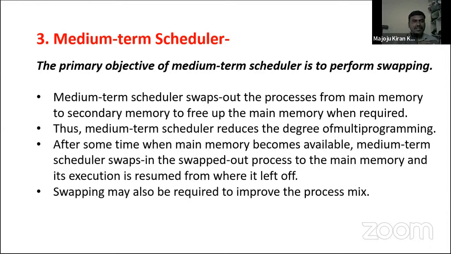Once one process is completed, it is taken out of the main memory and submitted to the secondary memory. Sometimes swapping is also needed to improve the process mix, because all the processes cannot run in the main memory simultaneously. The main memory may not be sufficient. So the swapping in and swapping out is the major task of the midterm scheduler.